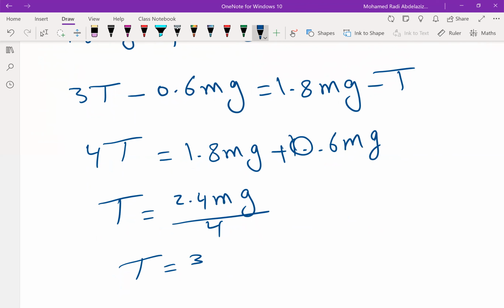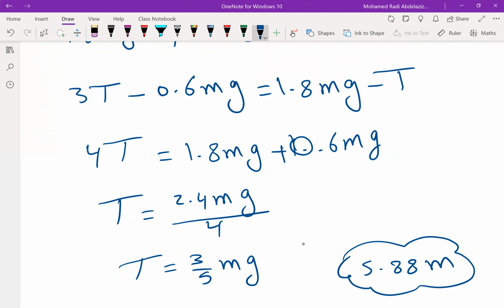T is equal to 3/5 mg. This is the exact value of the tension. In terms of m, you can substitute g, 3/5 times 9.8, so the answer will be 5.88 m. This is in terms of m.